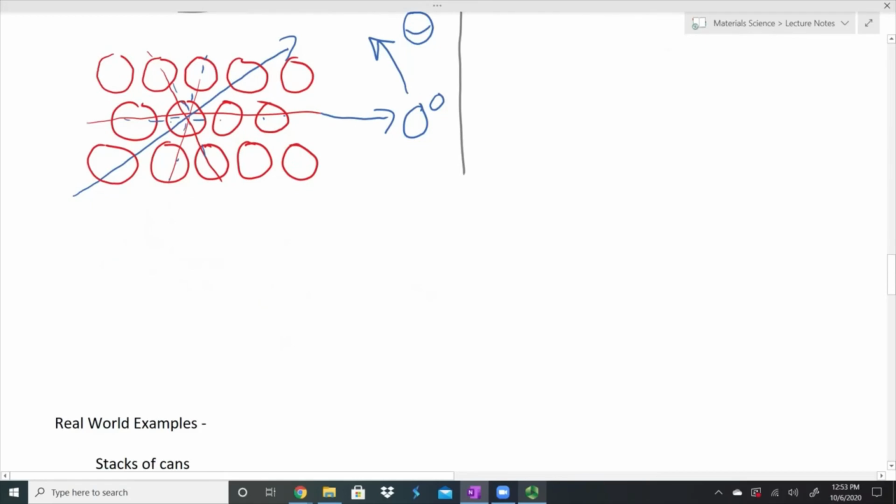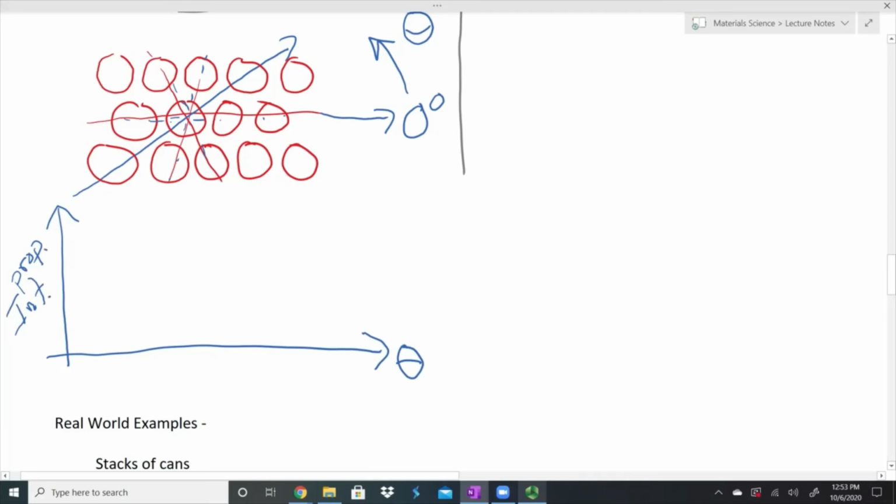So if I were to plot this, make a graph here, I have the angle of my material and I have my property intensity. I'm just going to write prop INT for property intensity, the intensity of whatever property I am looking at. Right now we're talking about voltage, how easy it is for an electron to move through, but it could really be any property.